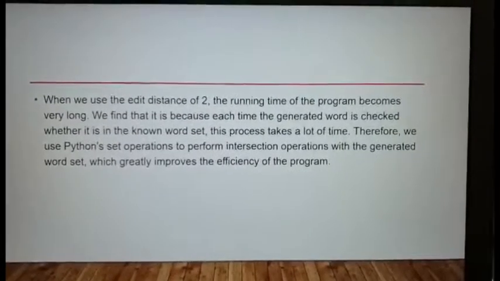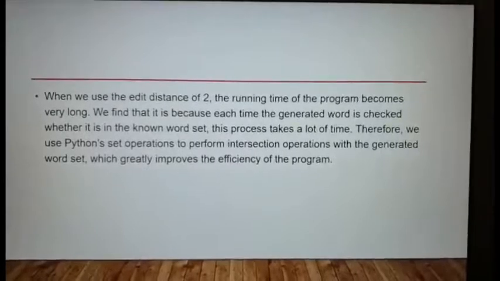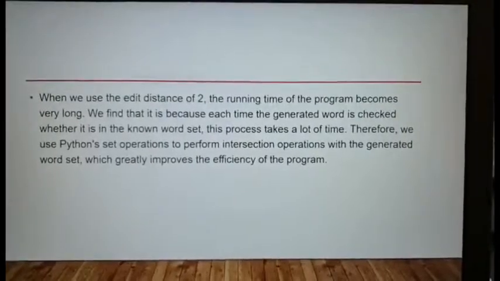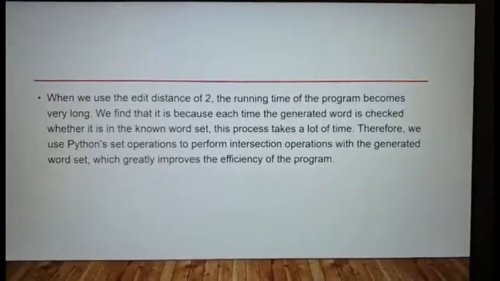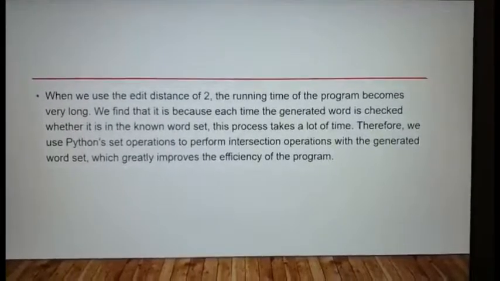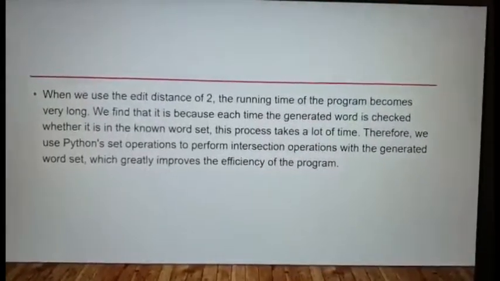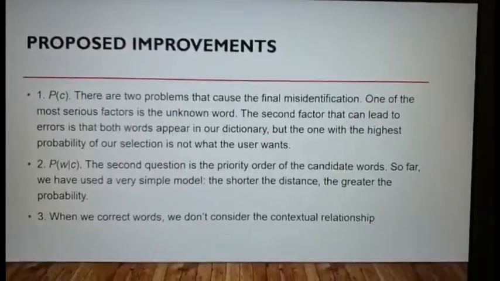Therefore, we use Python's set operations to perform an intersection operation with the generated word set, which greatly improves the efficiency of the program. And last, let's talk about some possible improvements.